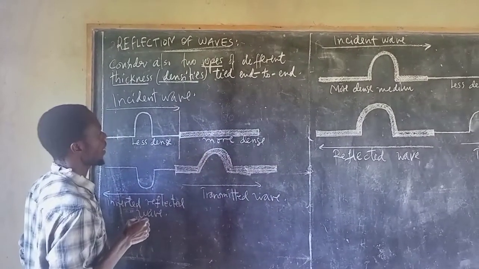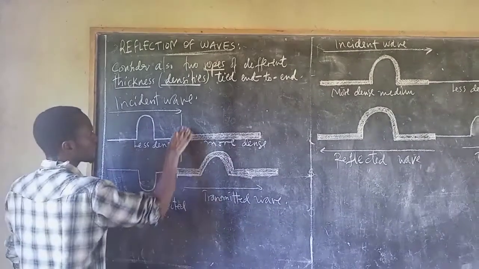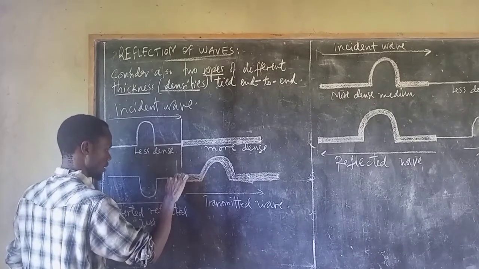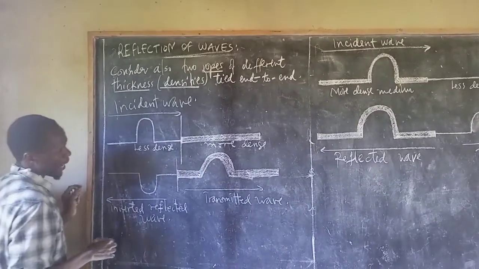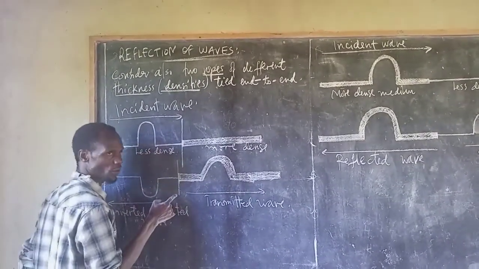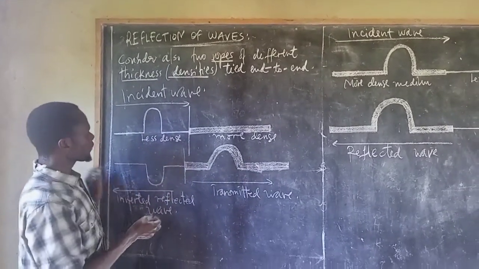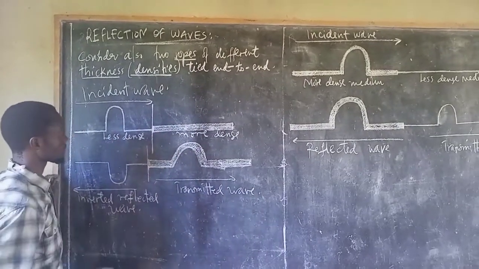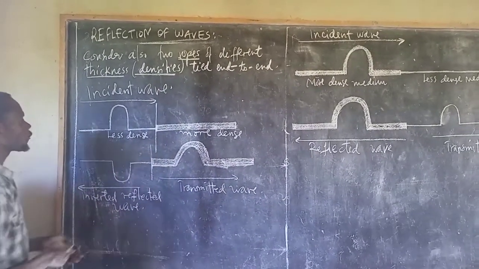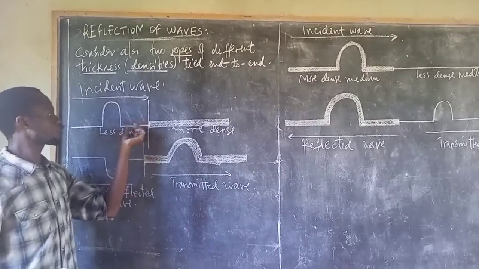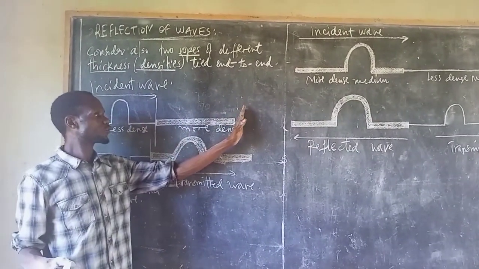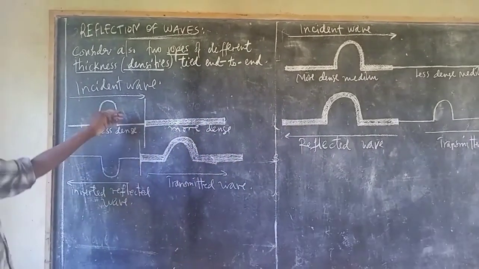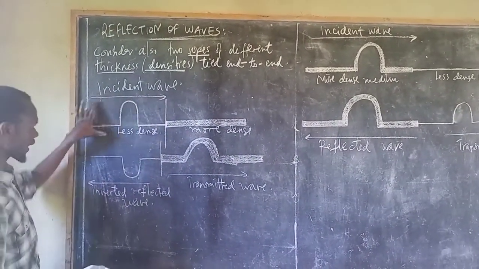As I said before, once it reaches the boundary of two different mediums, there must happen what we call reflection of waves. But because of the differences in their density, some of the wave will be transmitted to the new medium, and some of the wave will be reflected.